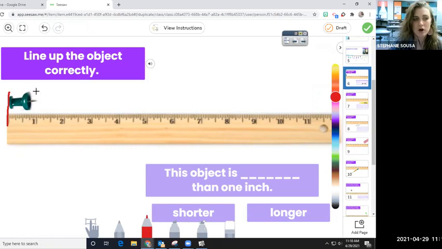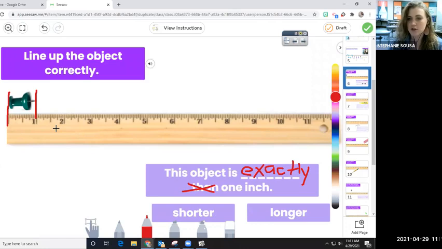We're going to measure all the way to the tip of this push pin here. So it's right there, and take a look. This object is 1 inch. So we're going to fill in the word. This object is exactly 1 inch.